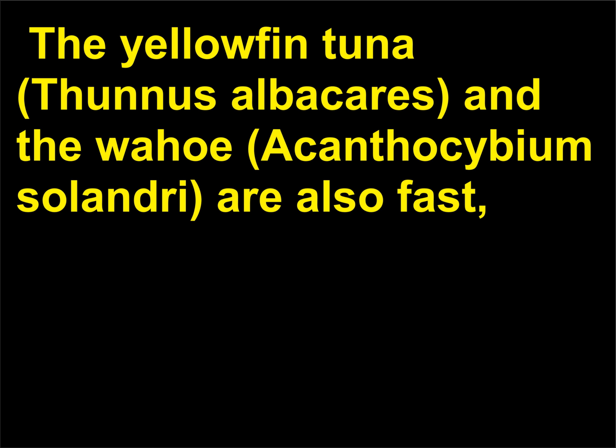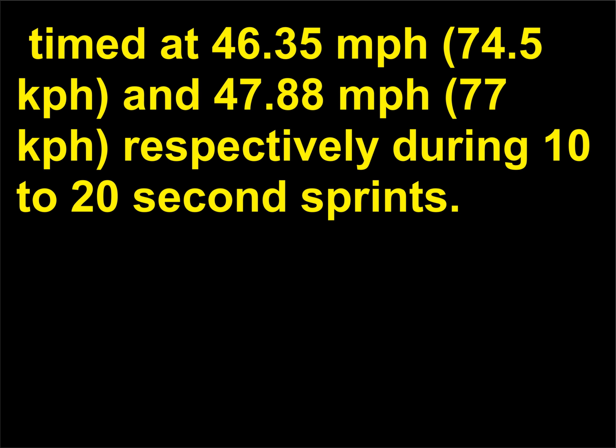The yellowfin tuna, Thunnus albacares, and the wahoo, Acanthocybium solandri, are also fast. Timed at 46.35 miles per hour, 74.5 kilometers per hour, and 47.88 miles per hour, 77 kilometers per hour, respectively during 10 to 20 second sprints.